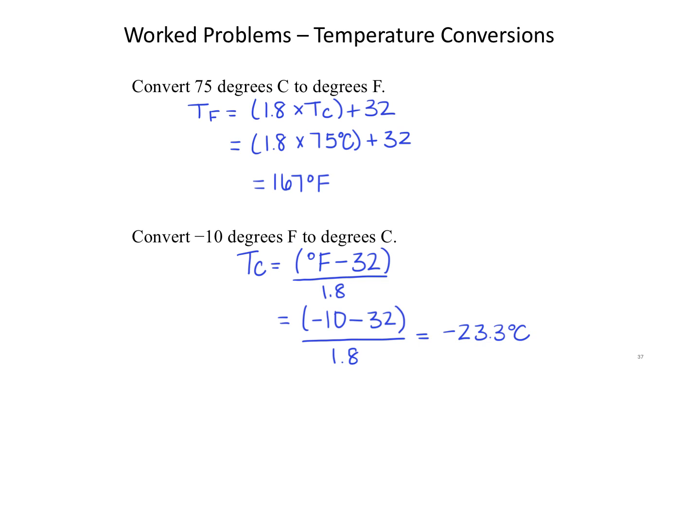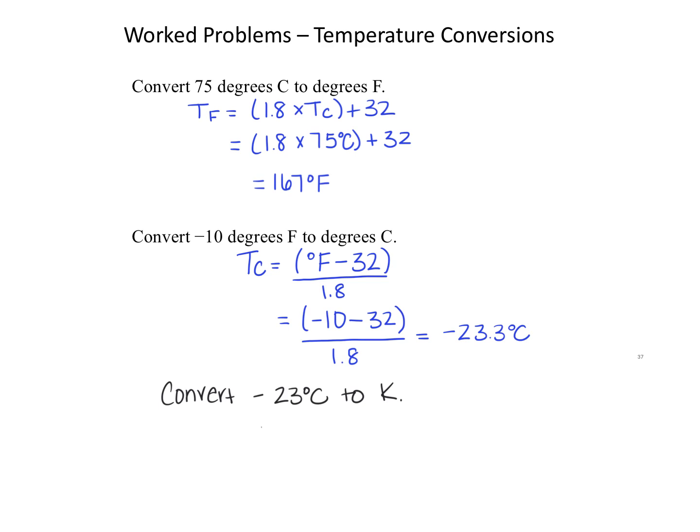Now, I want to add just one more quick problem in here. I want us to convert that -23 degrees Celsius to Kelvin. This will give you experience, or at least a problem to look at where we've done each of the conversions that we just talked about.